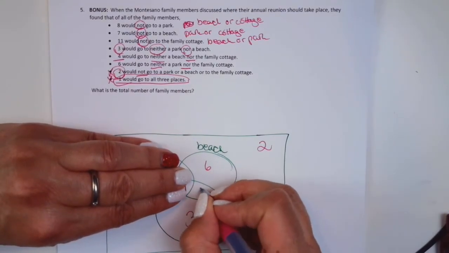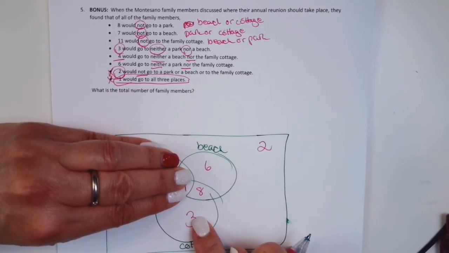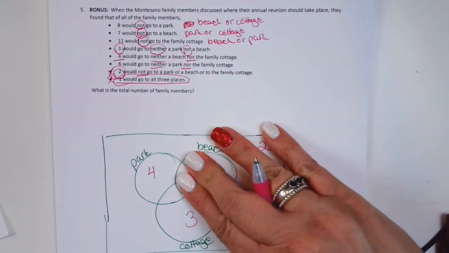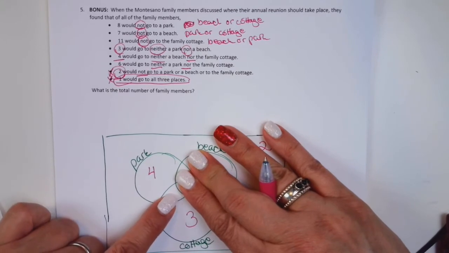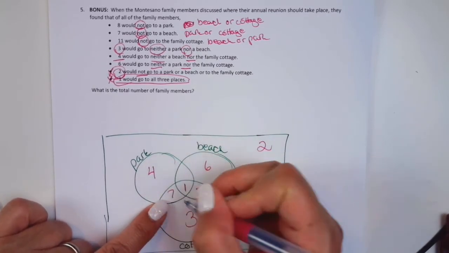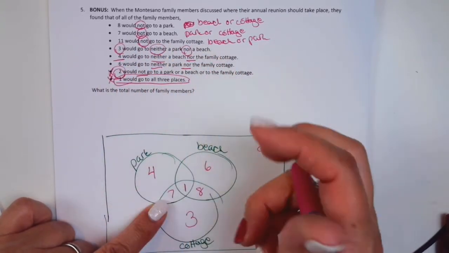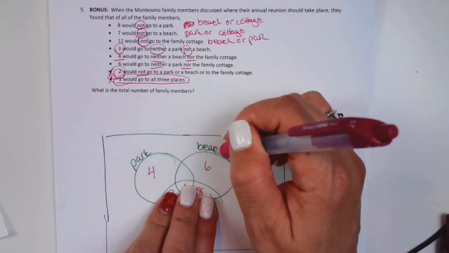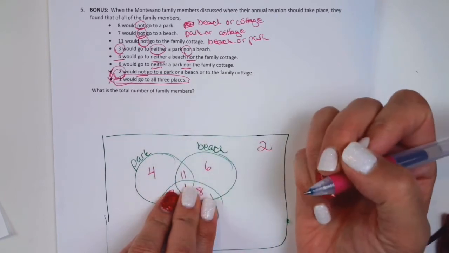The 8 actually goes in here because it could be either or. 7 would not go to a beach, so we're going to cover the beach and either park or cottage, they would go either one. So the 7 goes here. 11 would not go to the family cottage, so we're going to cover the family cottage, but they would go to the park or the beach. So 11 goes in here.